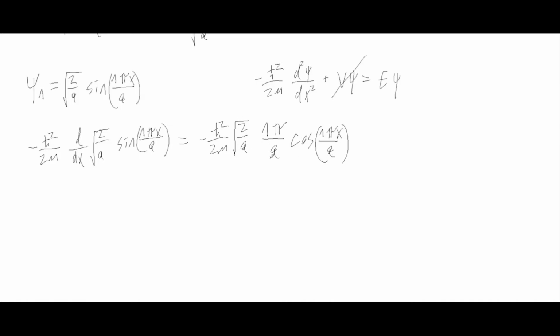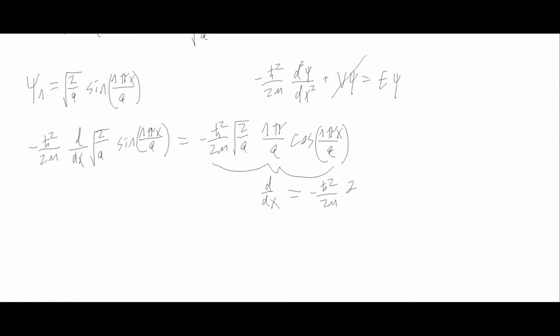Now we want to take the derivative of this, so I'll just say we're taking the d dx of this. Once again, we pull out the constant, and so I'll write that down here. We still have the minus h bar squared over 2m.